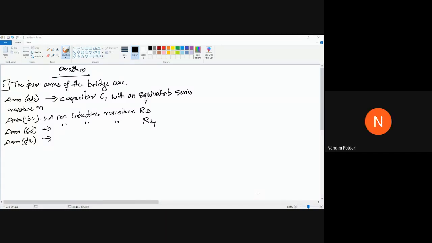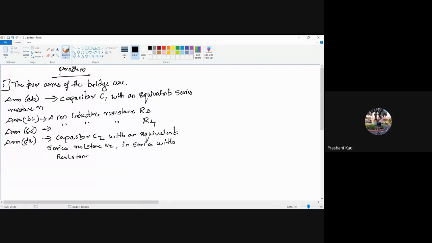Okay, so last arm is DA. DA consists of the capacitor C2 with an equivalent series resistance small r2 in series with resistance capital R2.